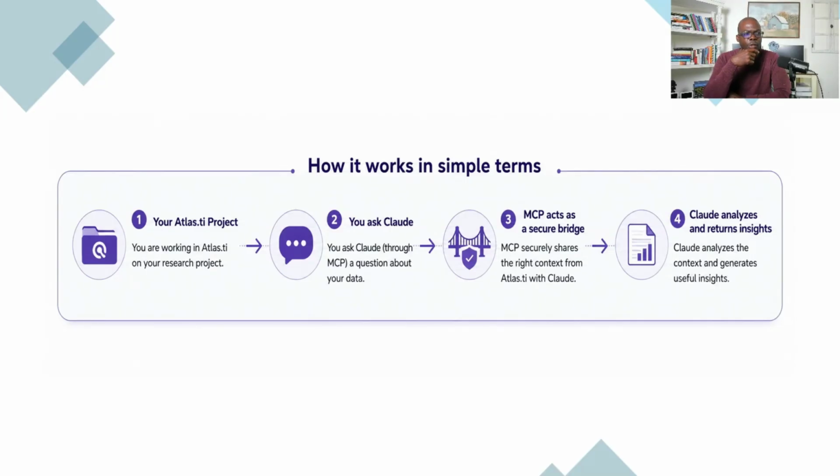Not only faster, it also helps you use AI as a collaborator. You can still analyze your data using Atlas.ti, but you can also get ideas and support from AI so that you'll be able to adequately make sense of your data and get findings that will help you address your research question.